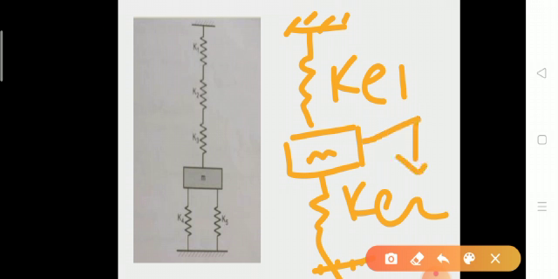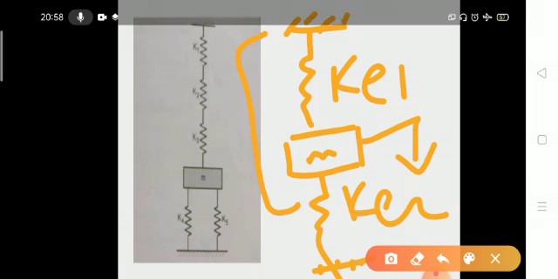If you apply some force to this mass m, let's suppose that force is m into g, then spring 1 will come under deflection, under tension, and spring 2 will come under compression. But the value of compression and the value of tension will be the same. Let's take that the tension value is 2 mm and the compression value is 2 mm. You can take the tension value as positive and the compression value as negative, but those two springs have the same deflection. So their combination will be a parallel combination.